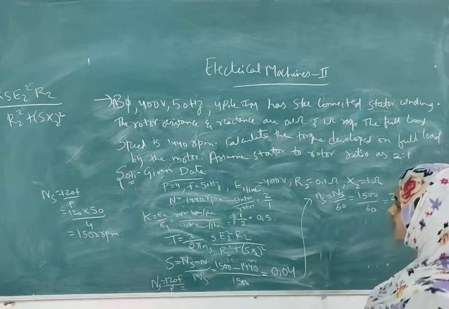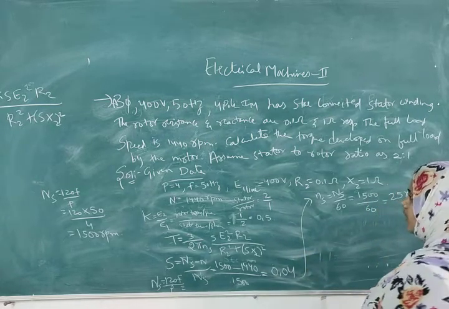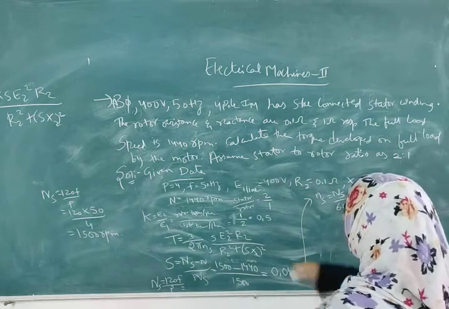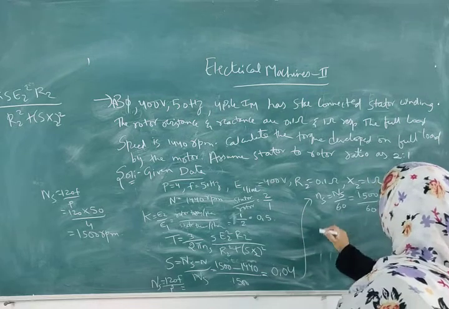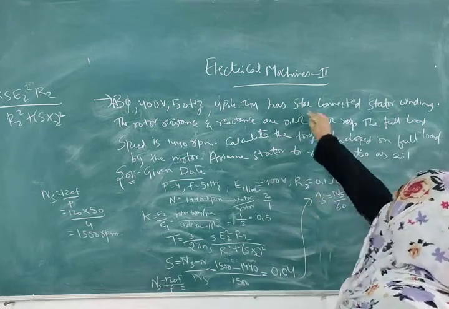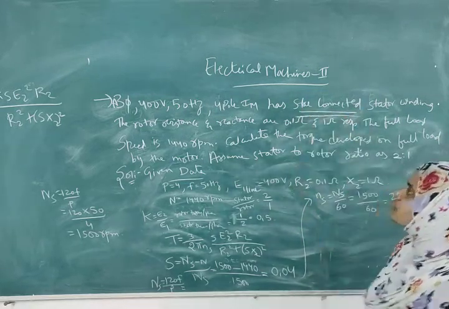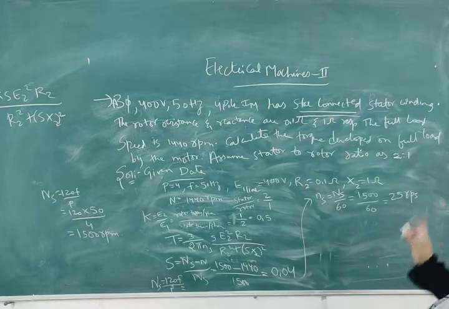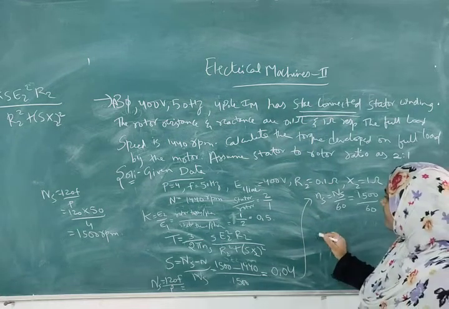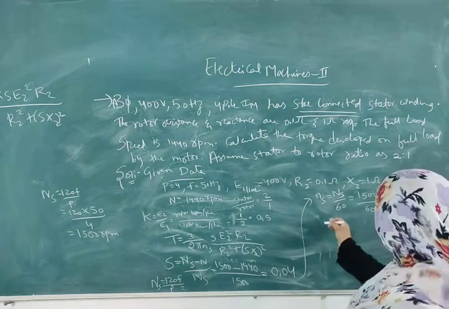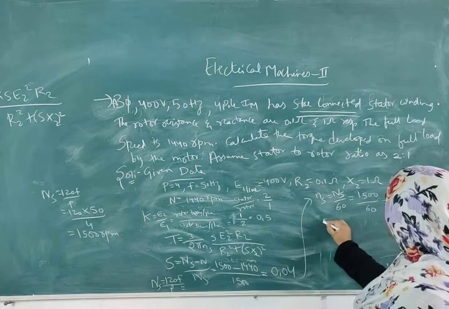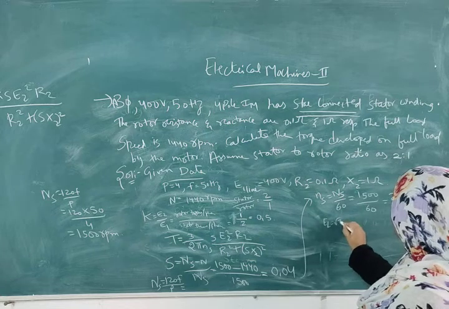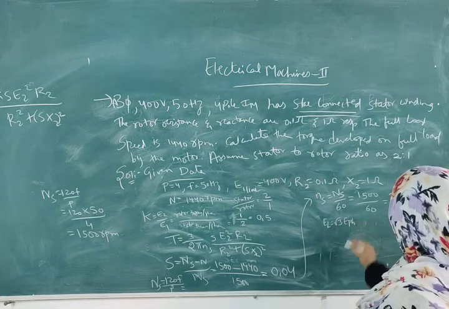Now we have to find out the value of E2. So line value is given here, that is E1 line is given as 400. Because this is a star connected stator, as mentioned in the question, for a star connected winding we will recall the equation for voltage and current. For star connection, line voltage is √3 times phase voltage.